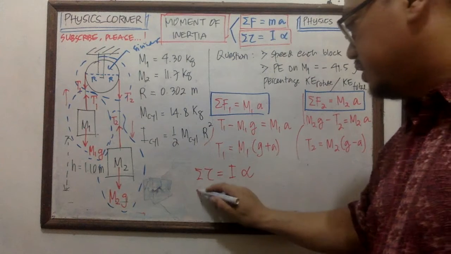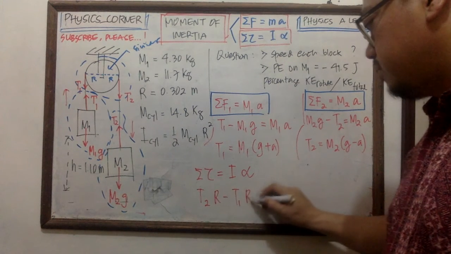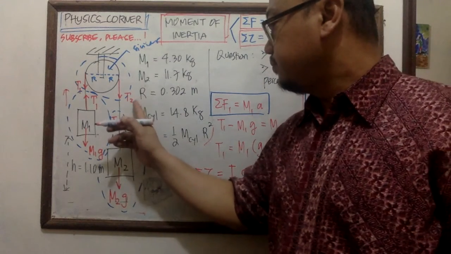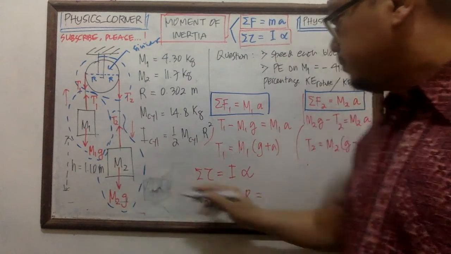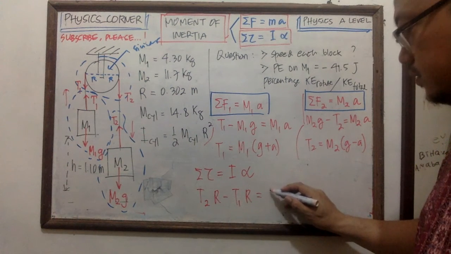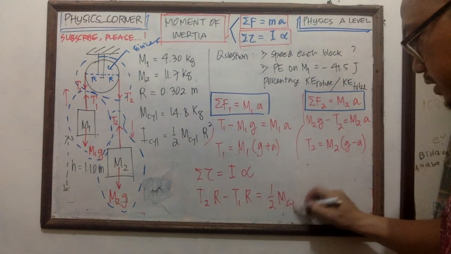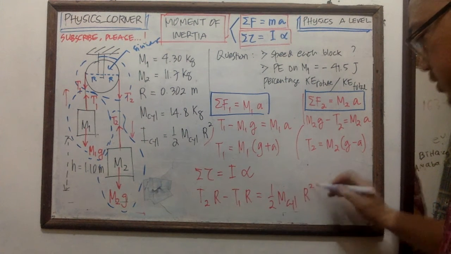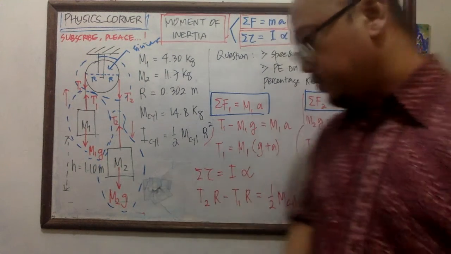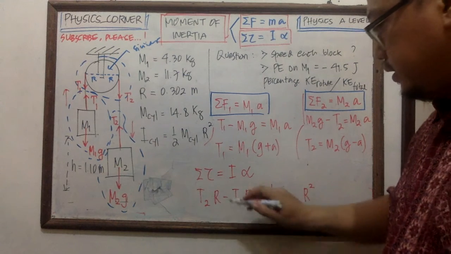So we can say T2 times r minus T1 times r equals I of the cylinder, where I cylinder is a half mass of cylinder times r squared.